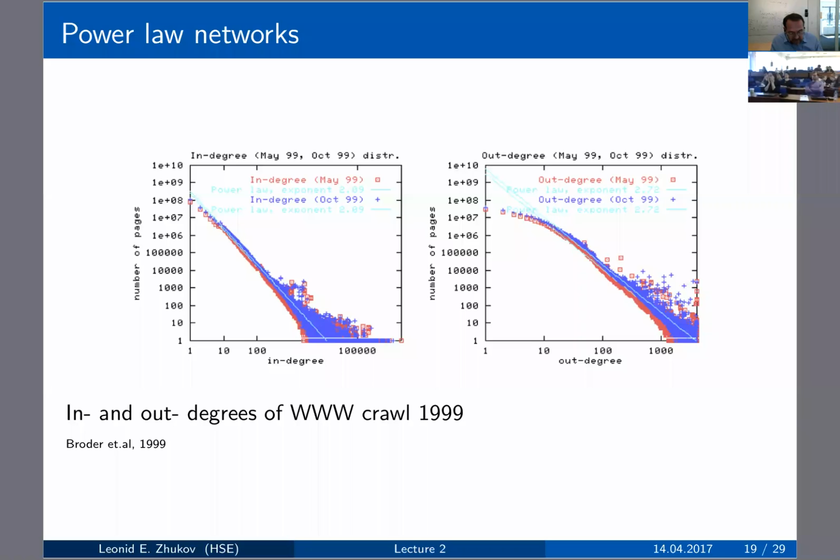Here is another graph for a bigger part of the web, also a famous graph from the paper by Broder, showing in-degrees and out-degrees. Again, you see that it follows a straight line. The in-degrees and out-degrees do have slightly different distributions.